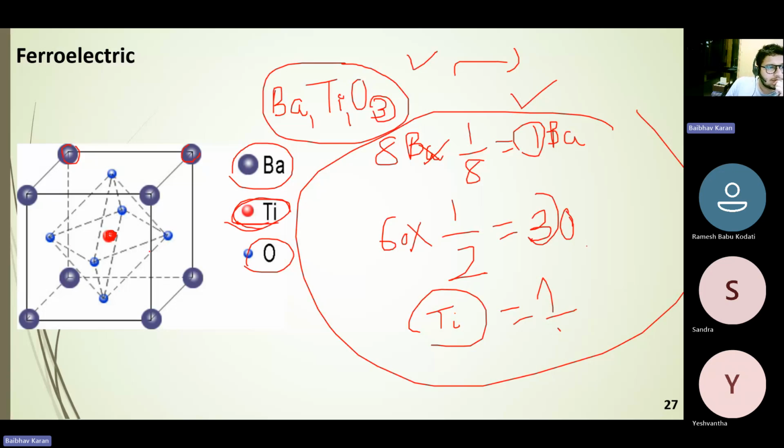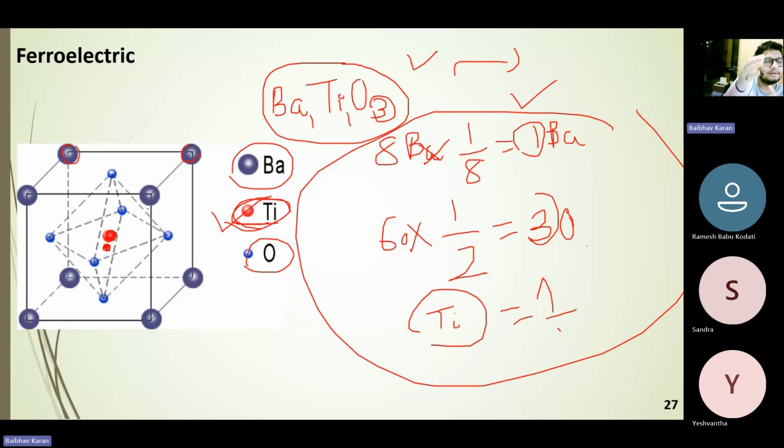So the equivalent of all the negative charges is present at the center. But the titanium atom is not exactly located at the center of the unit cell. It is a bit shifted, because the packing efficiency is not so high, so it doesn't sit in the center of the unit cell.